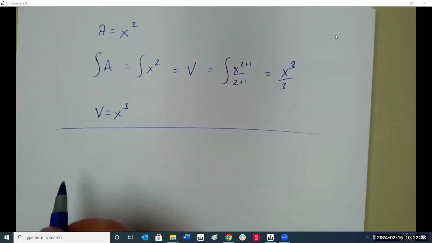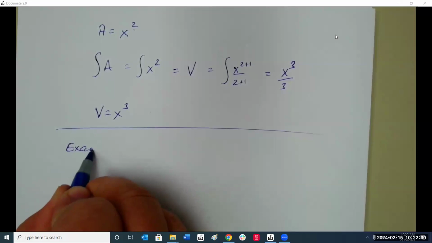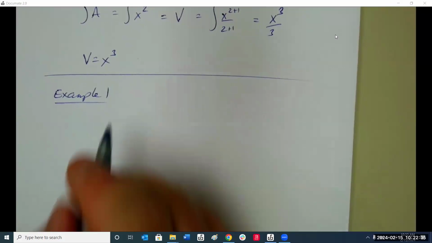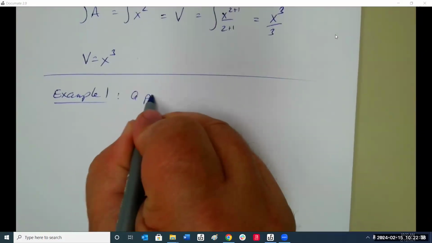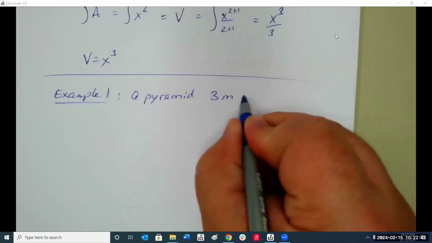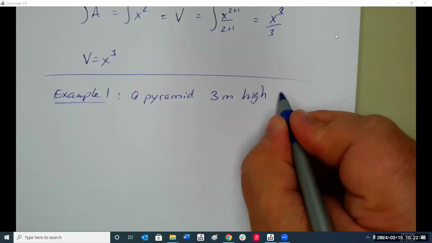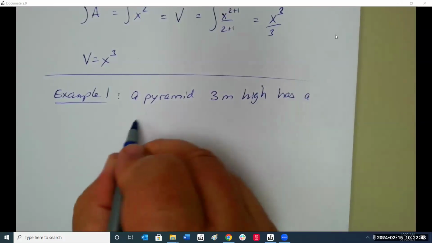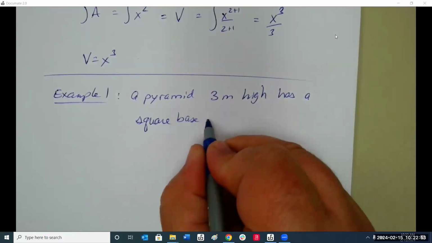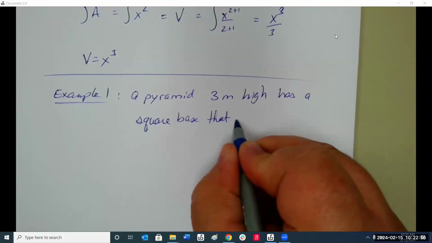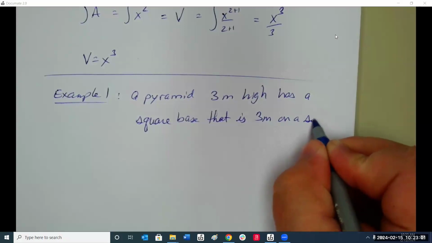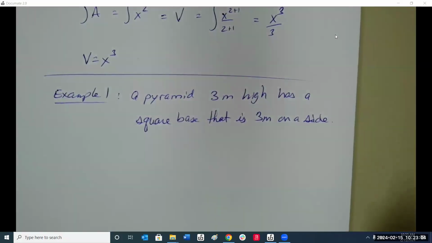Okay, our first example. Example 1. A pyramid 3 meters high has a square base that is 3 meters on a side. So it's 3 meters square.